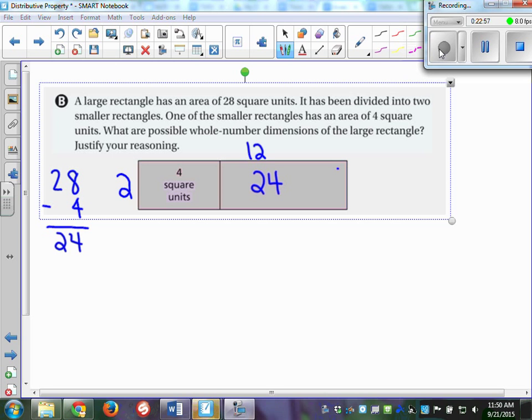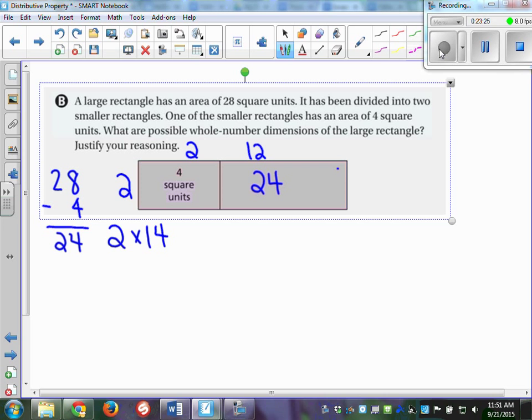You could do 2 times 14, the whole thing. We could. I want to show you guys something. If I take this, is 2 times 2, 4? Yeah. Is 2 times 12, 24? Is 2 times 14, 28? Yeah. So I can think of this as 2 times 14.